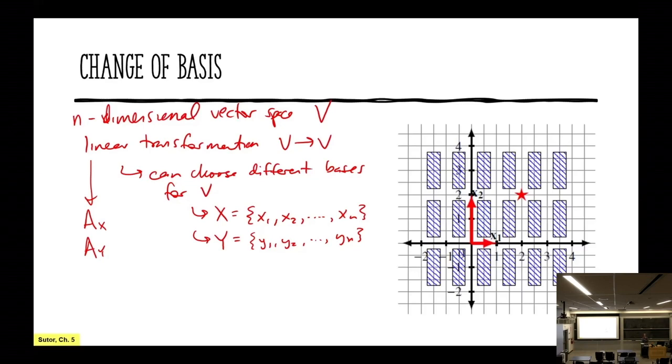Our vector V in vector space V has one set of coordinates in X and a different set of coordinates in Y. And so the question is, how do we change from one set of coordinates for our vector V to the other, and what's the relationship between these two matrices?